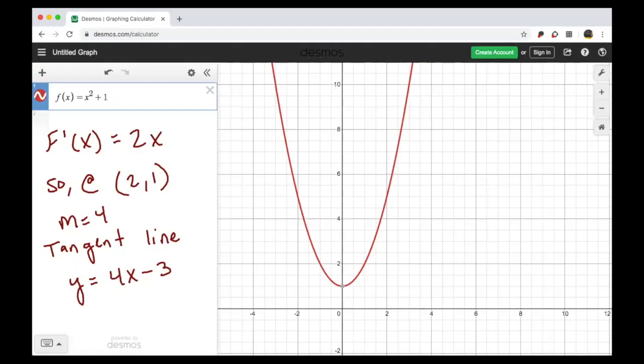Okay, so here we are in Desmos, and you can see that the red curve is the function f of x equals x squared plus 1. We just found out analytically that the derivative f prime of x is 2x. So evaluated at the point 2 comma 5, if you plug in the 2, 2 times 2 is 4, so the slope is 4 at that point.